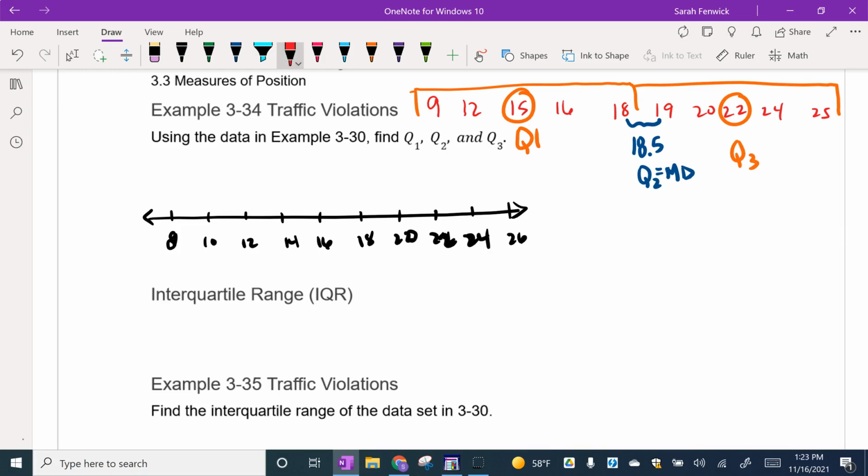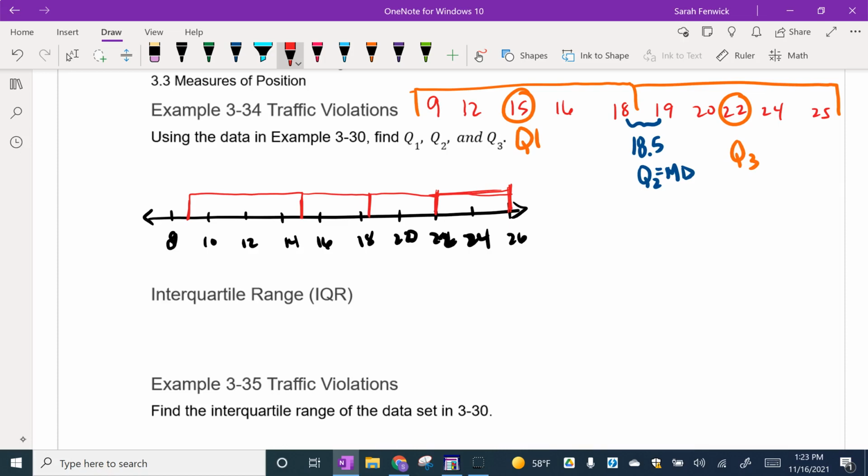So my min was 9. My Q1 is 15. My Q2, or the median, is 18.5. My Q3 is 22. And my maximum is 26. I'm not making a box and whisker, I'm just showing you the little sections. These are not necessarily split up evenly. That first quartile is actually pretty wide.